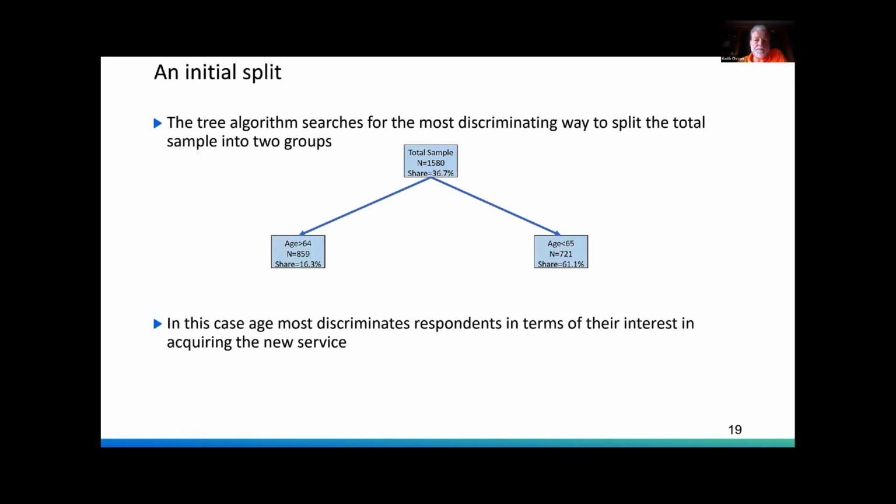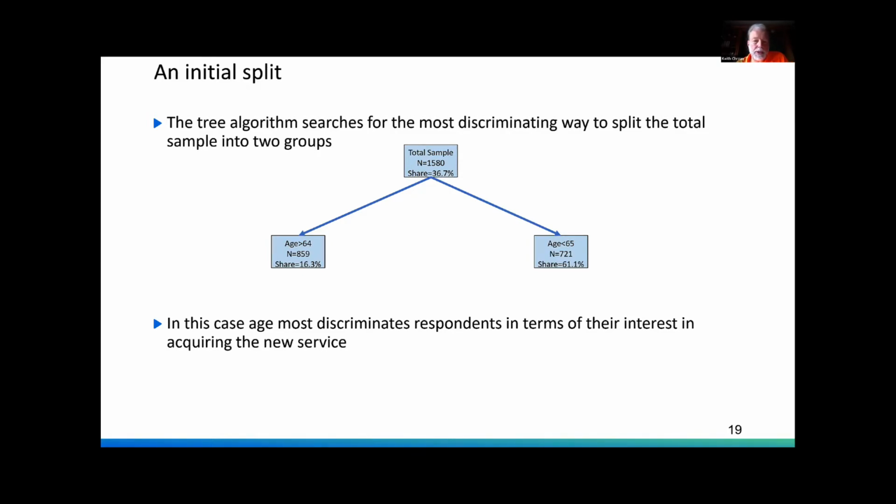So the tree algorithm searches for the most discriminating way to split the total sample, just like it did ponds or locations a few minutes ago. And now what it finds is that the most discriminating variable is age, whether someone is over 64 or not.